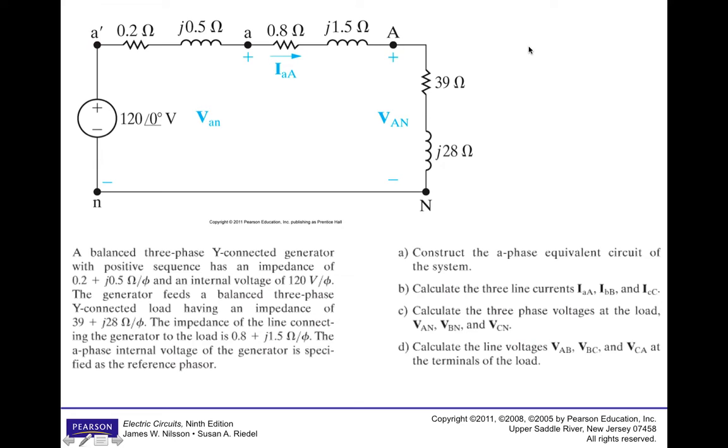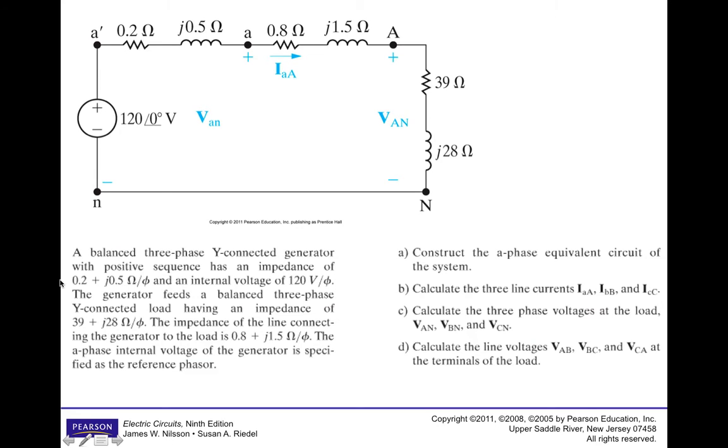So here's the same circuit with an example problem, and this is very similar to the kind of thing you would see on an exam. Basically, the problem says you have a balanced three-phase Y-connected generator with a positive sequence. That tells us how to iterate the phase.